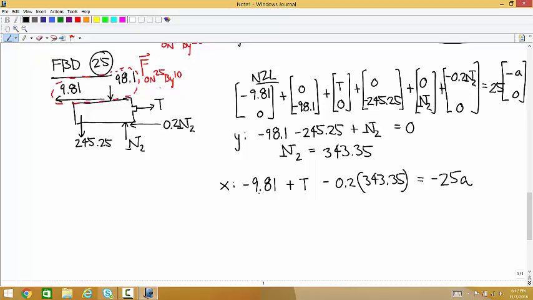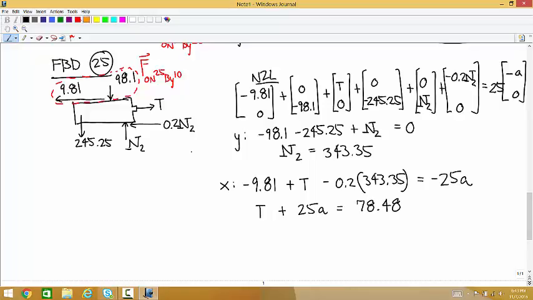Can someone tell me what, well, let's see. I'm going to rearrange this: t plus 25a is equal to 9.81 plus 0.2 times 343.35, which is positive 78.48.